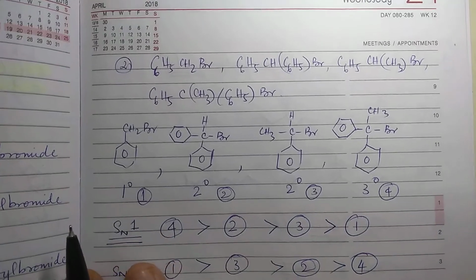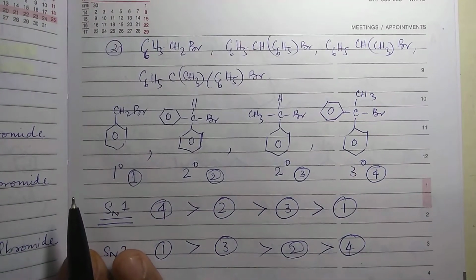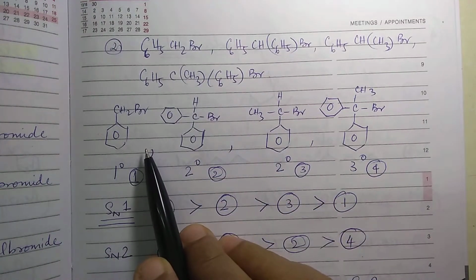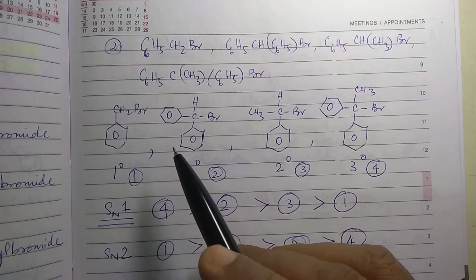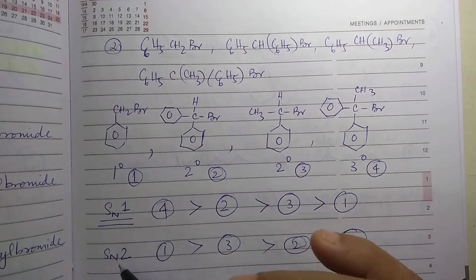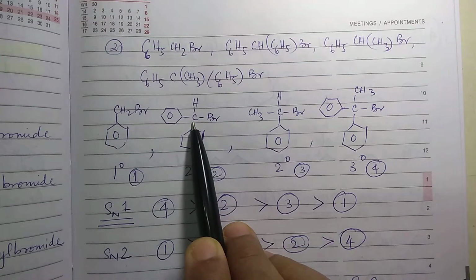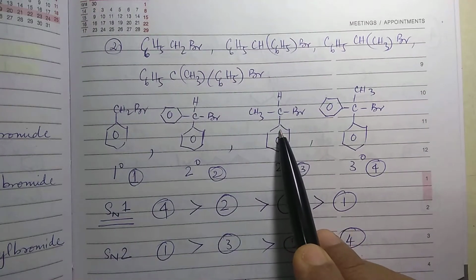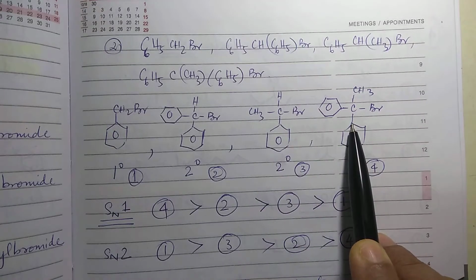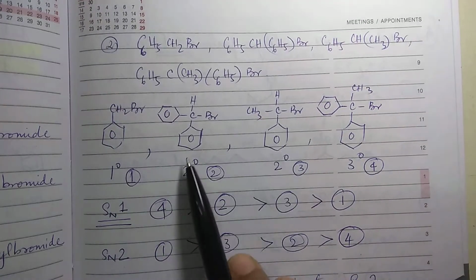Same way you have another NCERT question. It's a worked out example for you. Again, here also you have to tell the order of reactivity in the case of SN1 and SN2. Here it is primary, here it is secondary, here it is again secondary, here it is tertiary. Now both are secondary, right?